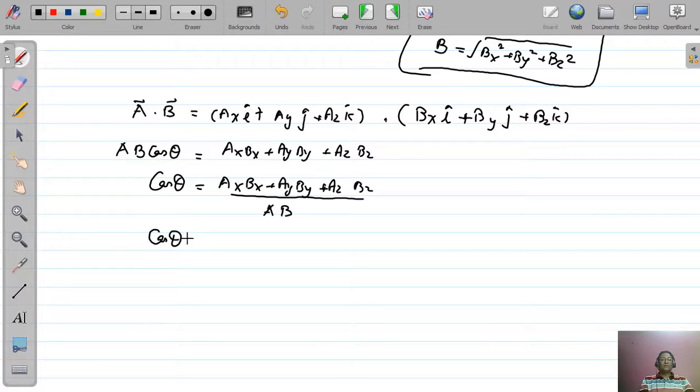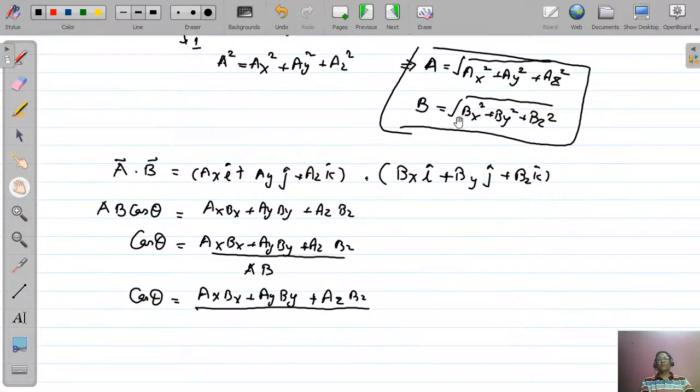That means cos theta is equal to (ax bx plus ay by plus az bz) divided by AB. Now A and B are the magnitudes of vectors A and B, and we have already calculated them here.